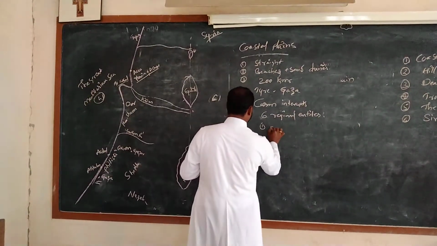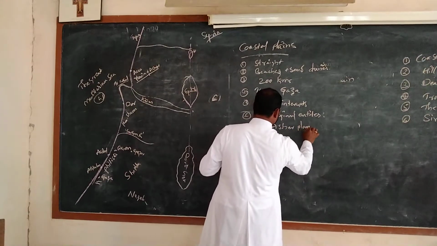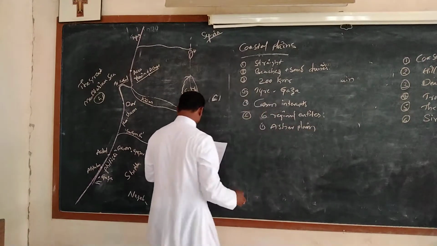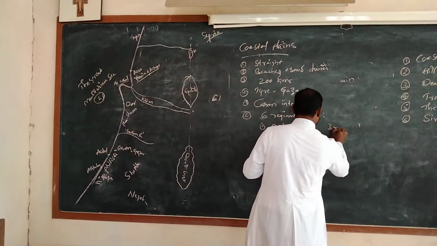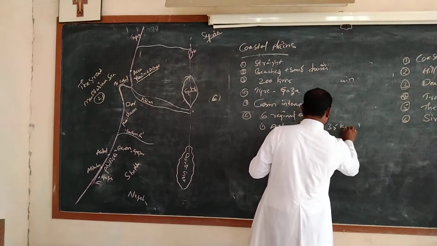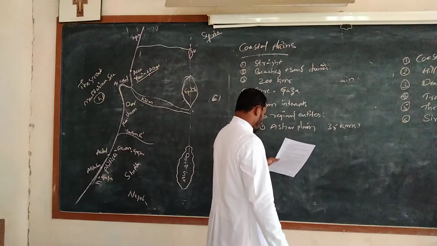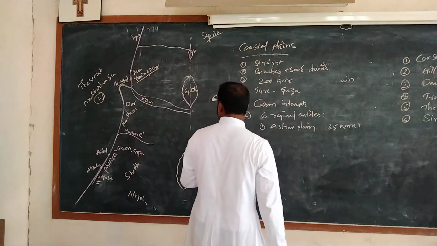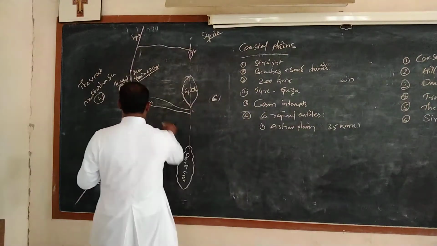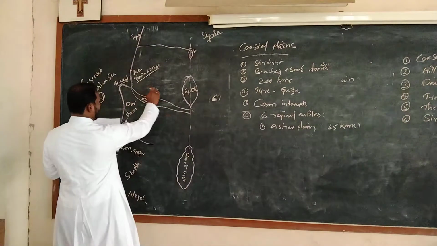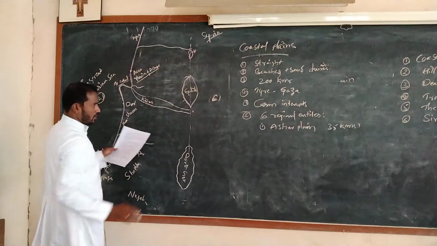It's also called Asher Plain. It's Tyre region. It measures almost 35 kilometers. There are 2 rivers, the Kishon River and Nahal River. Here we can note it, Nahal River. Kishon River, the main river.